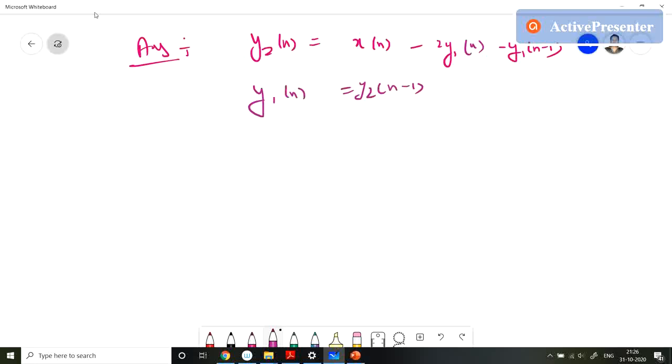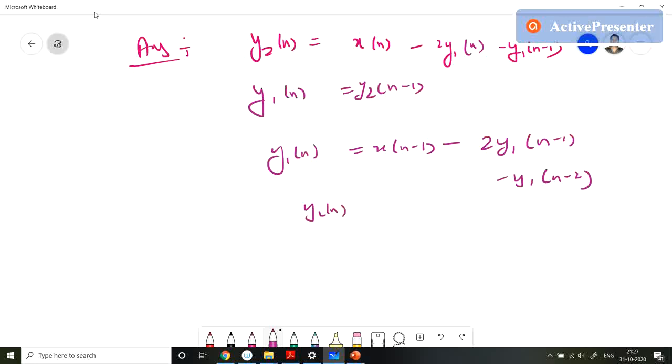So what will we get here? We will get y1(n) is equal to x(n minus 1) minus 2y1(n minus 1) minus y1(n minus 2).